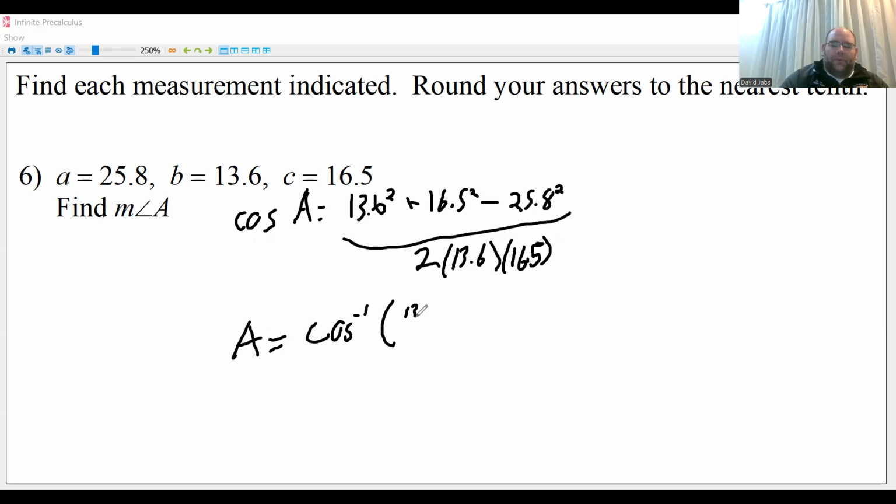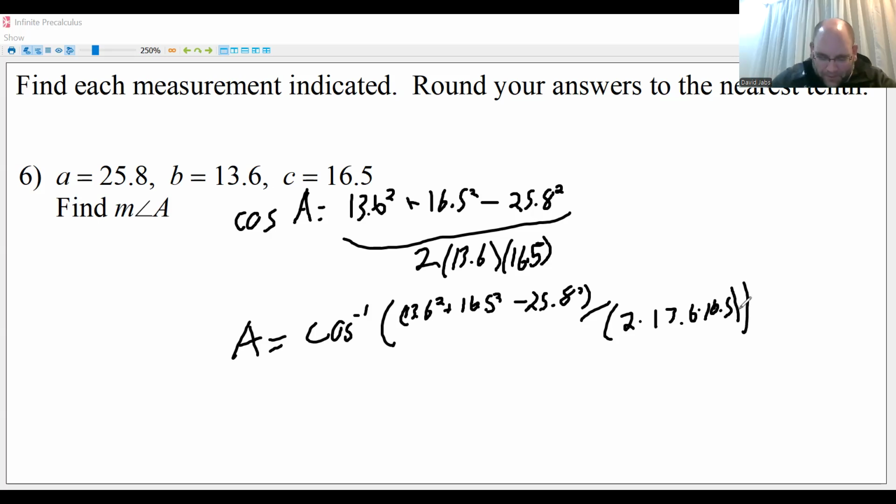So we have 13.6 squared plus 16.5 squared minus 25.8 squared. Remember, I would put that all in parentheses up on top. Then I would hit our divide button. And on the bottom, I would do 2 times 13.6 times 16.5.